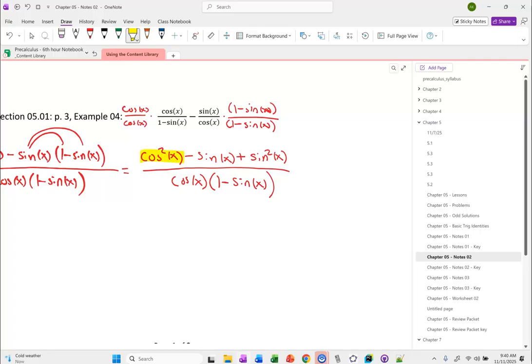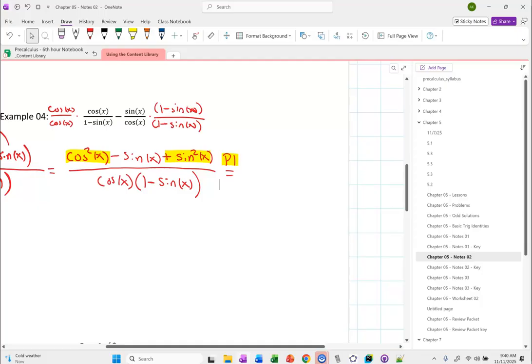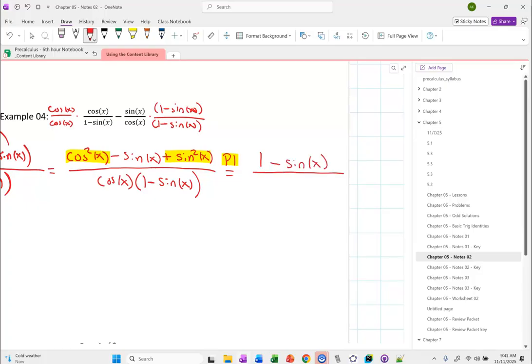And I remember from algebra that I can add things in any order. So even though sine squared and cosine squared aren't written right next to each other, they're both positive, and they're all being added, the three things up here. So we can do that.